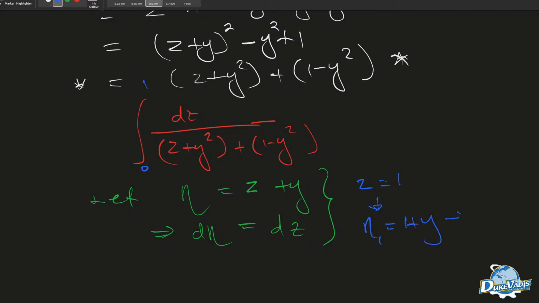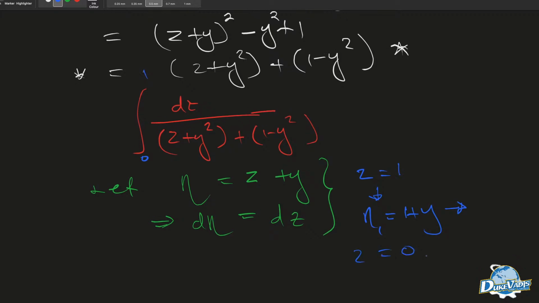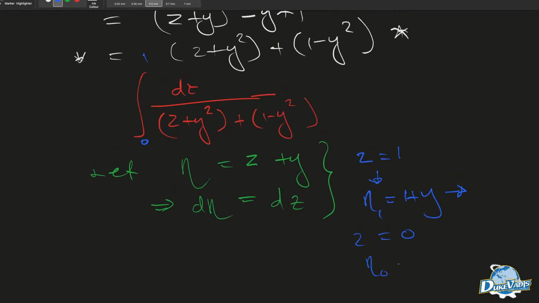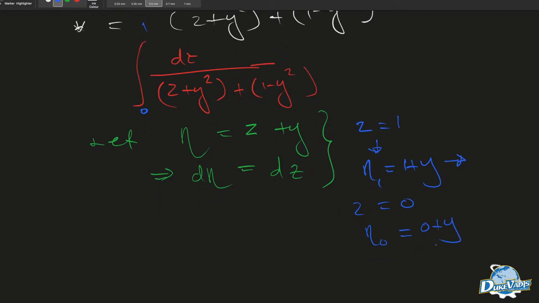So that will be the upper limit. Then when z is equal to 0, our xi at 0 will be 0 plus y, which is still y.